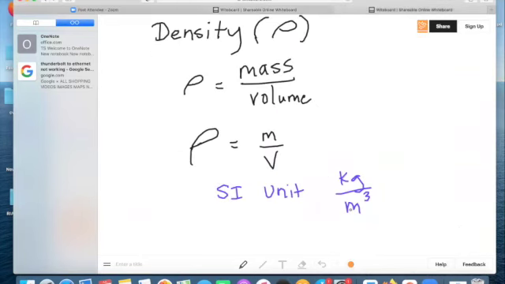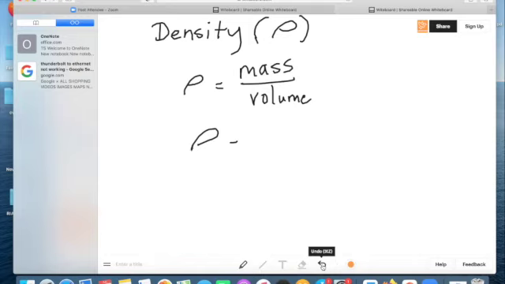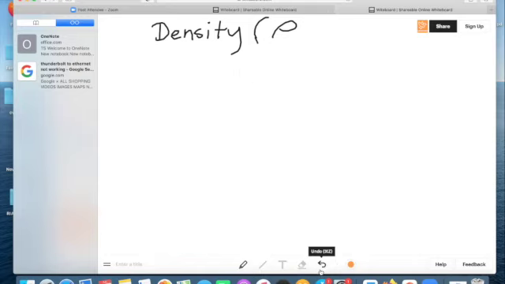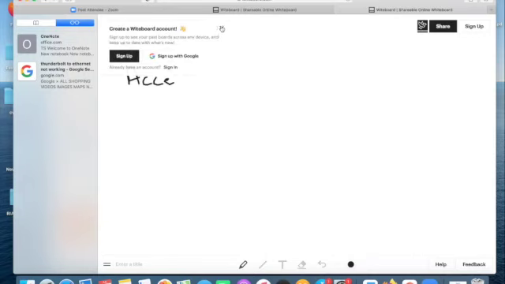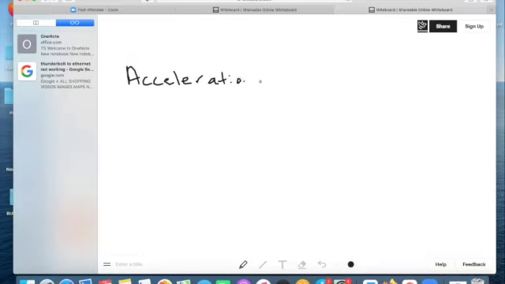Acceleration, and free fall, also known as gravity.